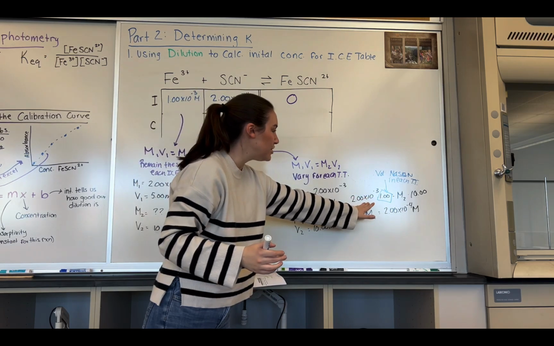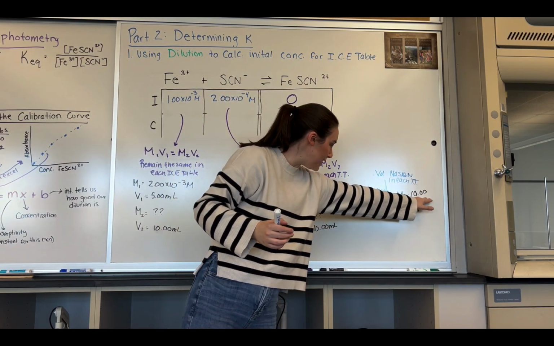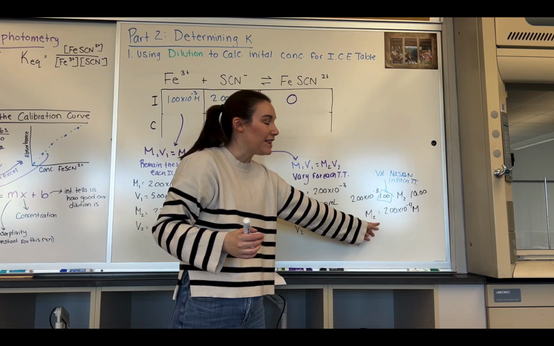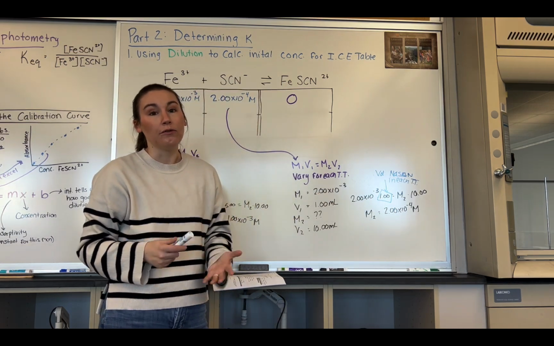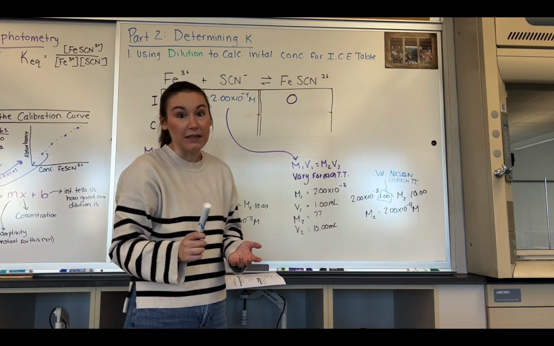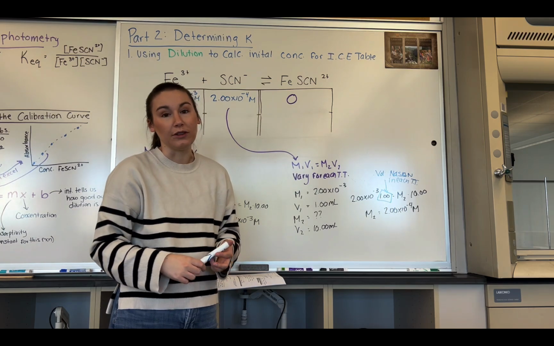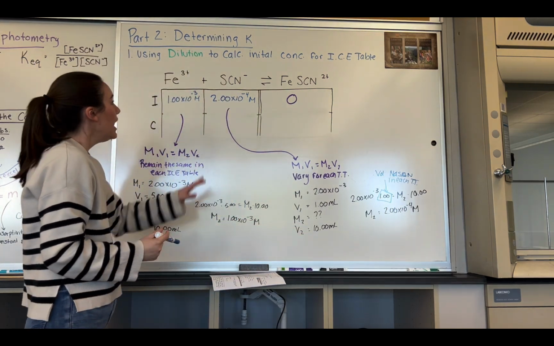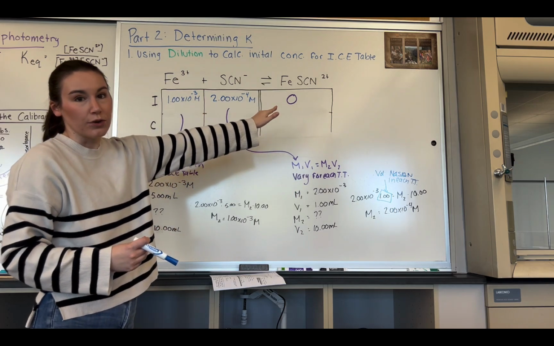The concentration stays the same, the final volume stays the same, the only number that varies is that initial volume. And that's how we get different values for M2. So you have to keep an eye on that and use the table from your lab flow in order to do that. So now we have our I row.